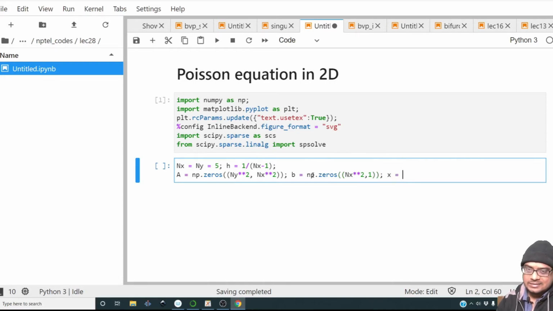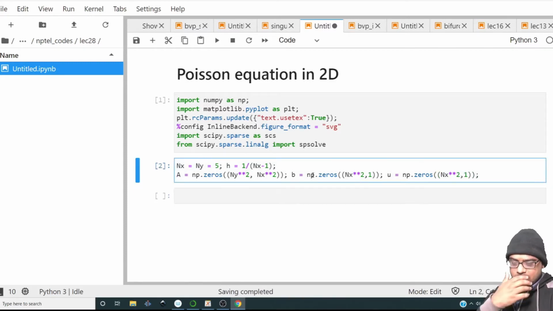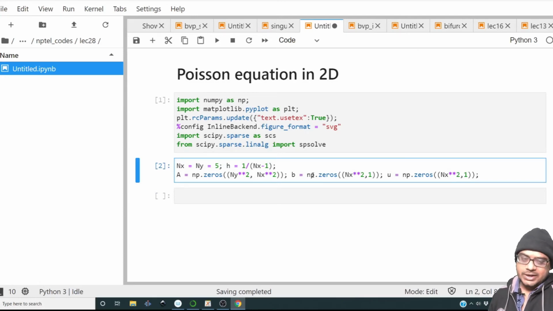And similarly the solution, let me call it u, is going to be np.zeros nx square comma 1. All right, so far so good, nothing wrong. So what we have done so far is we've simply defined all the different matrices, arrays that we're going to use, nothing fancy.